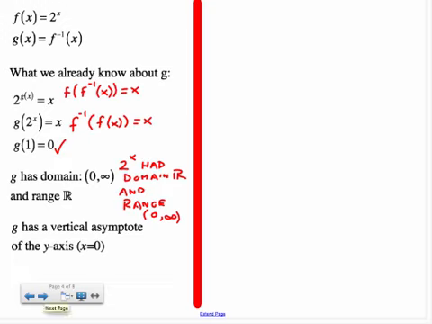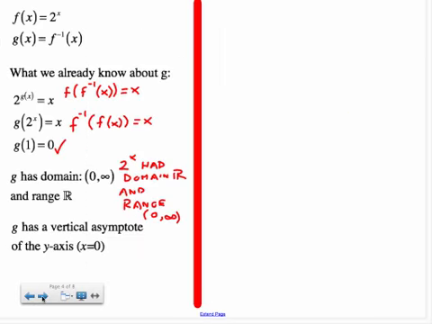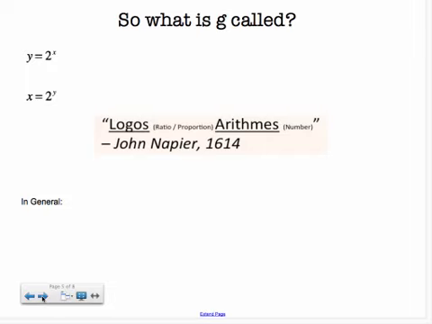Because 2 to the x had a horizontal asymptote of the x-axis, g, this new function, will have a vertical asymptote of the y-axis, also known as the line x equals 0. We'll come back to this slide in a few minutes to fill in some more of those specific details, but we already know a lot about this new function based on what we know about inverse functions and based on this graph. So what do we call this new function?